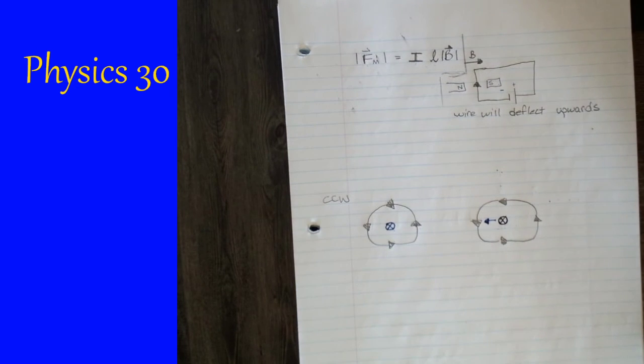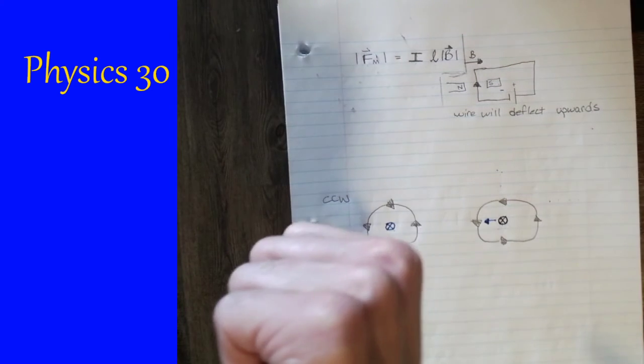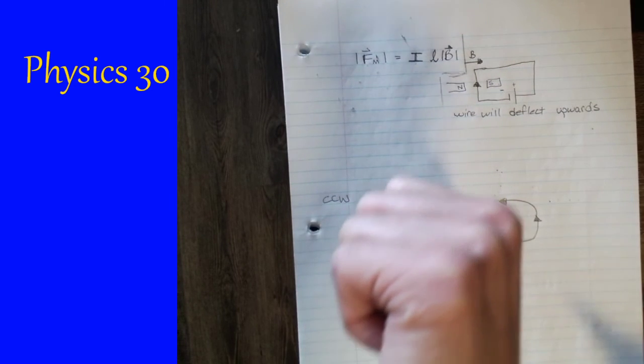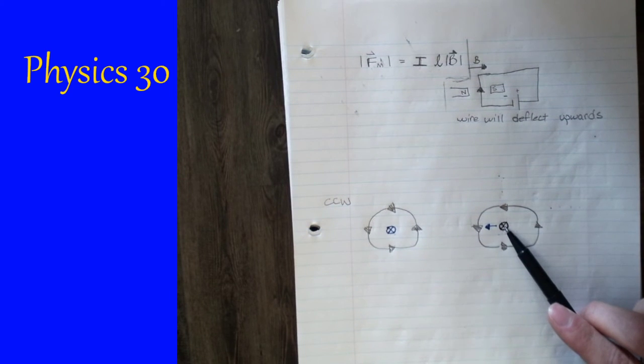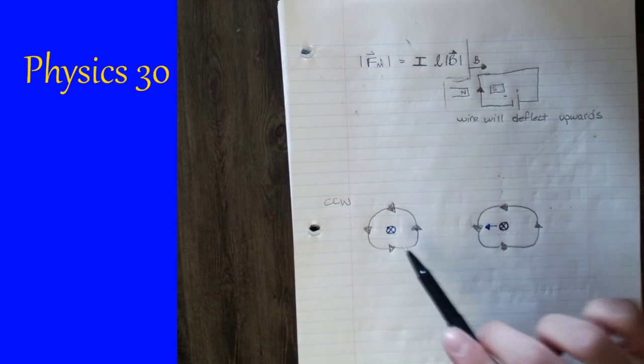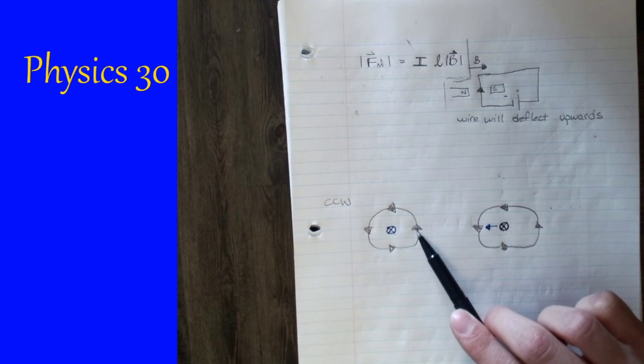And then we can do a similar thing. We can say, okay, this wire here also points into the page, and it is affected by that magnetic field.